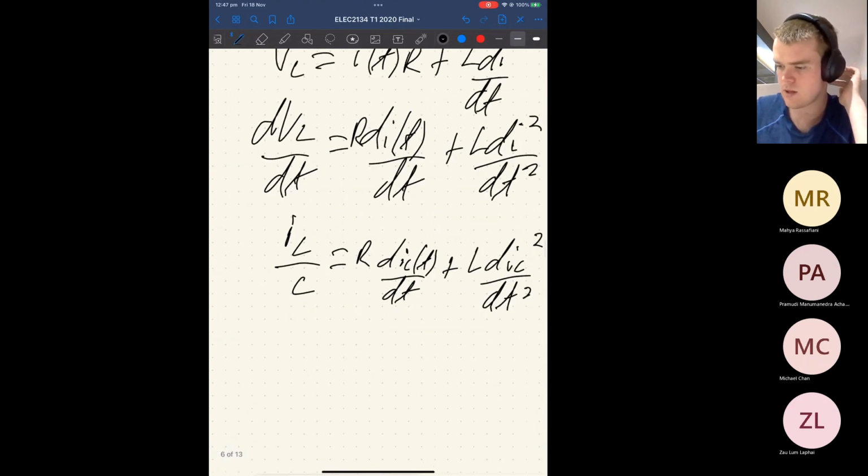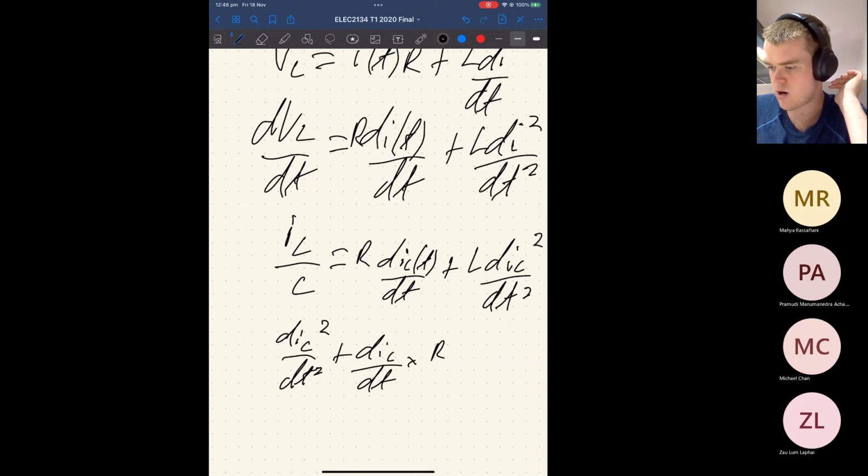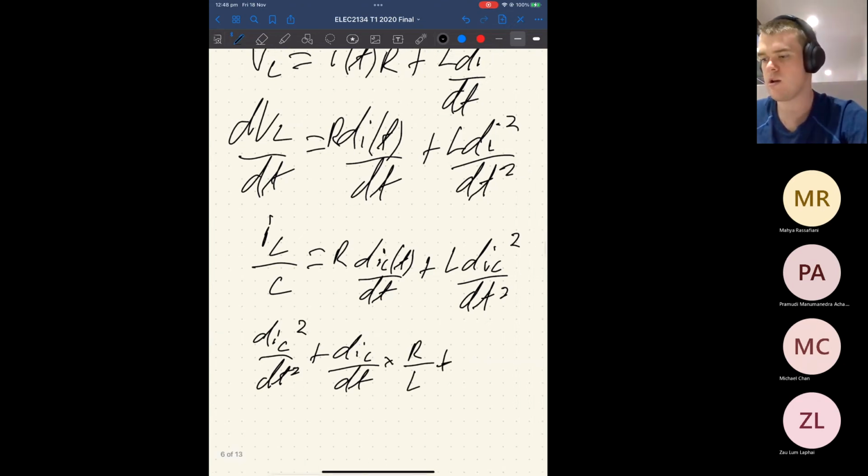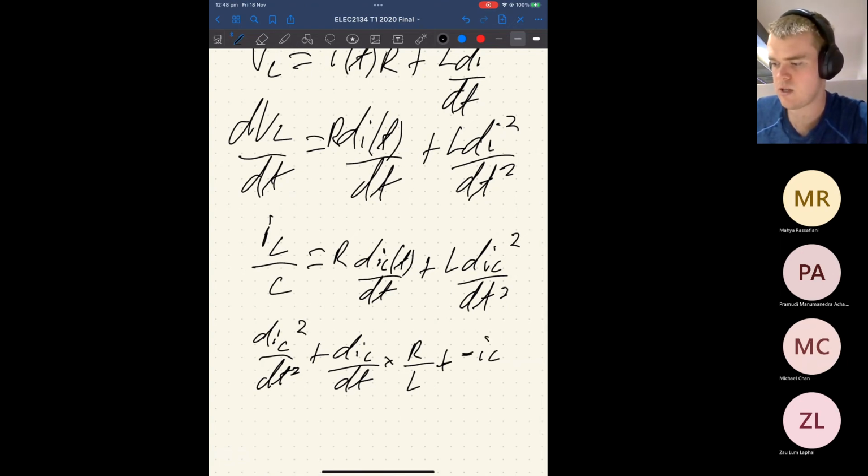And so then that will give us d²i_C/dt² plus di_C/dt times R/L plus our last term, which would be plus i_C/LC, and that is equal to 0.